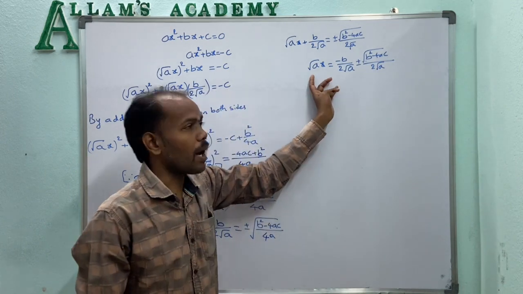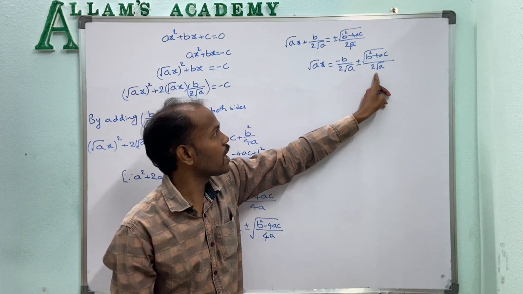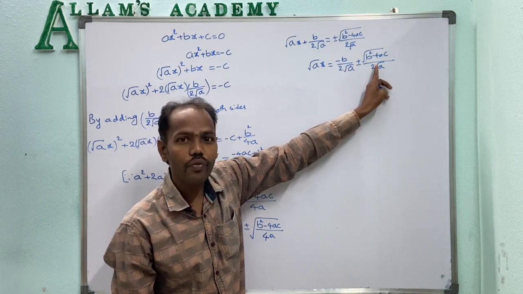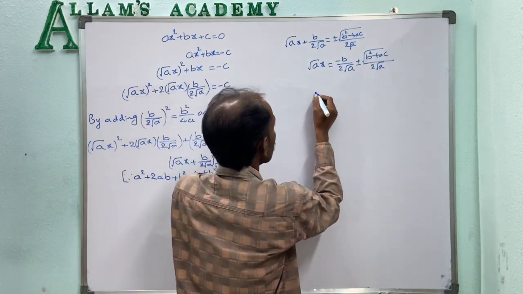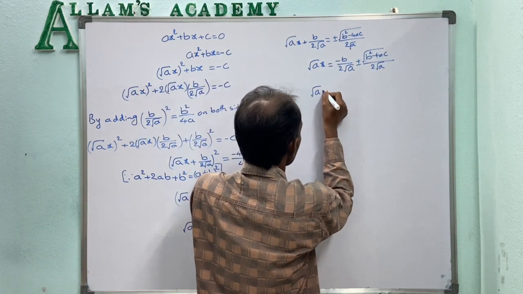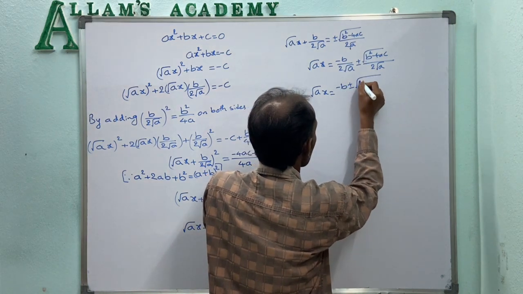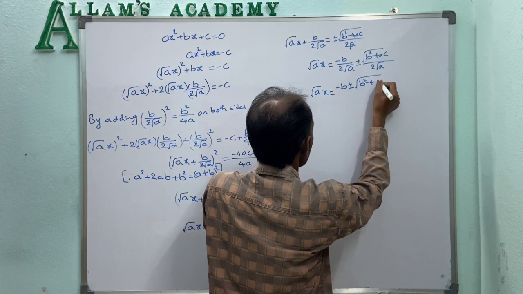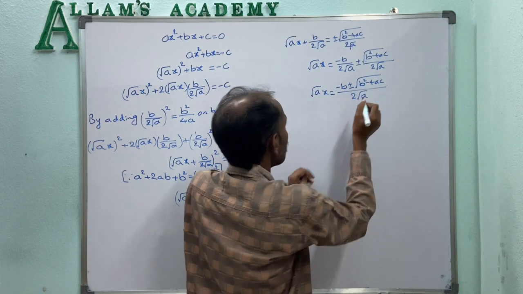Now if we observe both fractions, 2 root a is the same denominator, so the two fractions are like fractions. So directly add or subtract the numerators. So root a x is equal to minus b plus or minus under root b square minus 4ac by 2 root a.